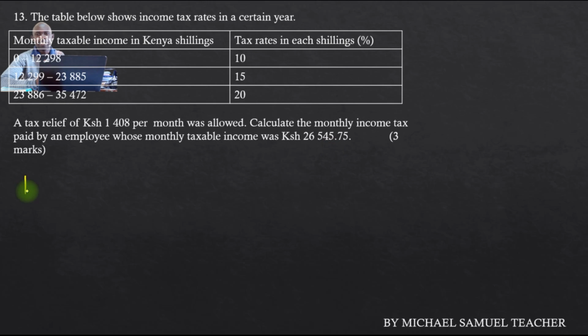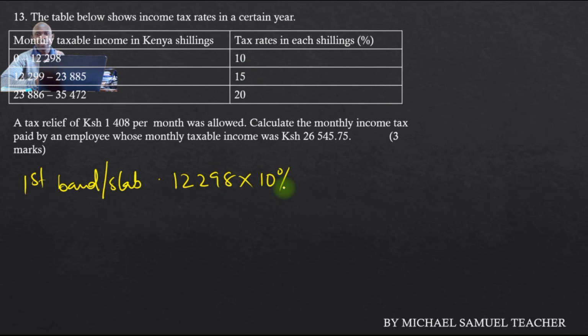For the first band or first bracket, the tax due was 12,298 times the tax rate, so we get 1,229.80.